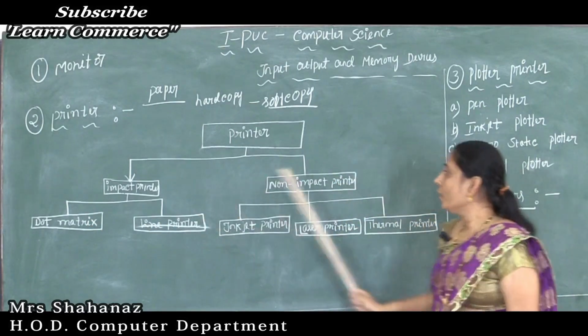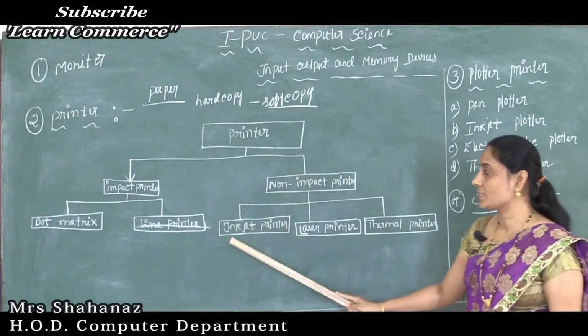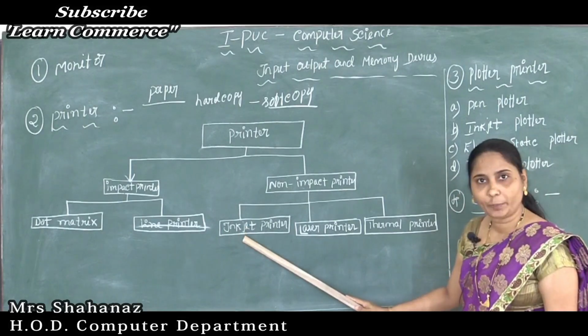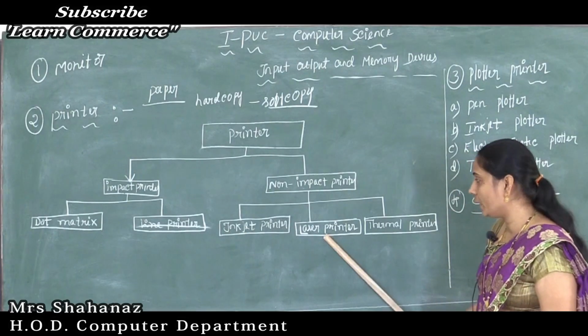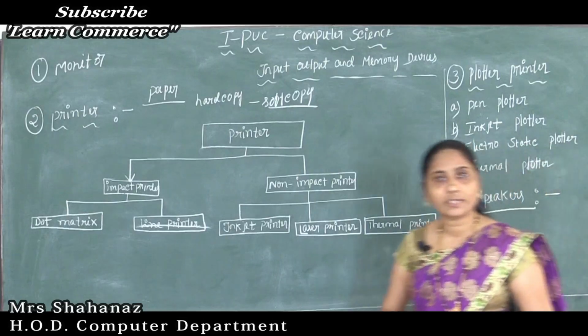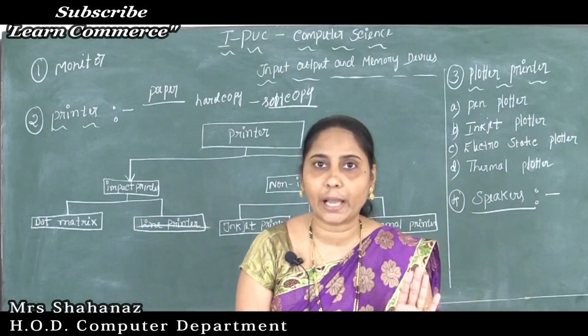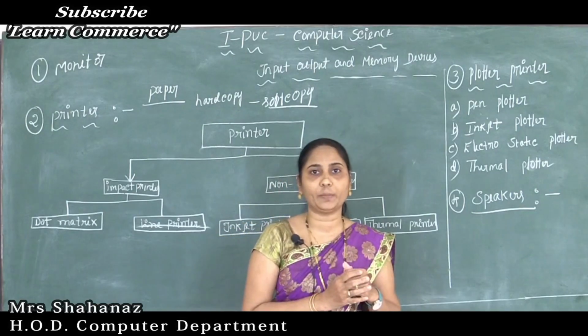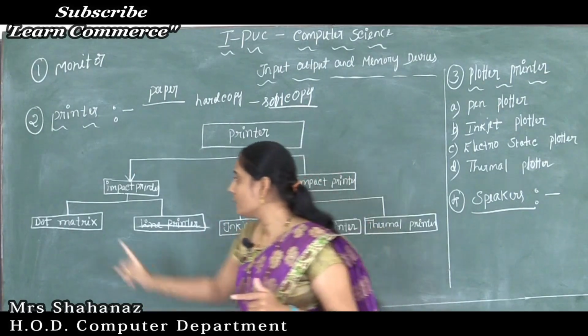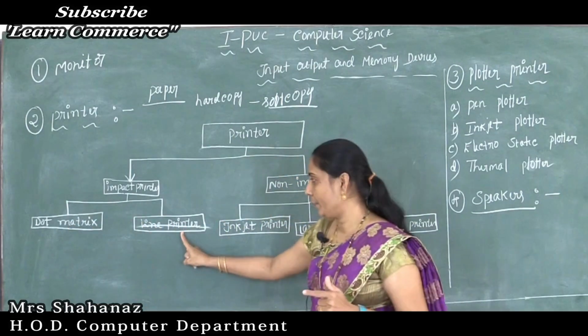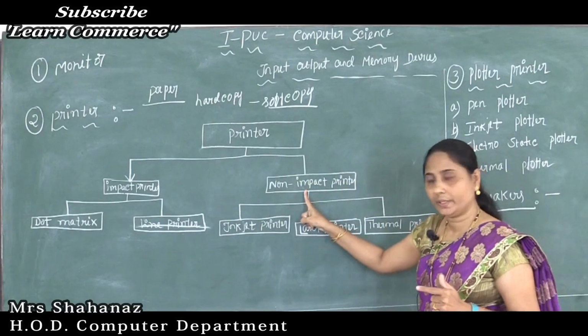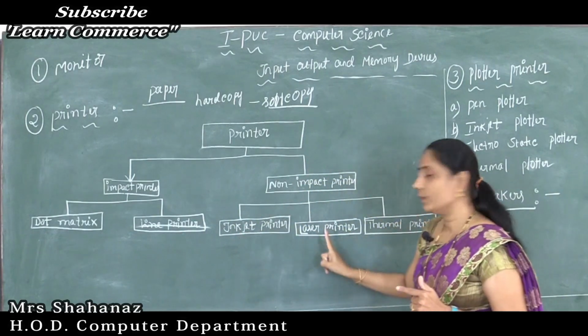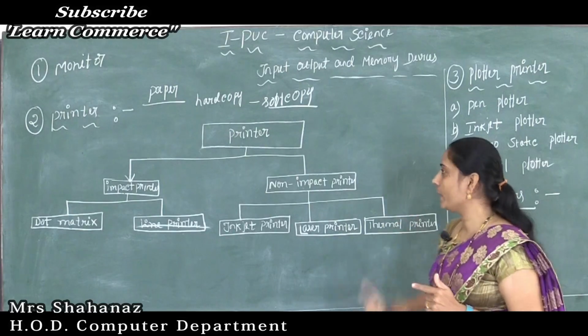And again non-impact printers are classified into inkjet printer, laser printer, thermal printer. So clear this point here? Printers are two types. One is the impact printer, second one is the non-impact printer. Again impact: dot matrix, line printer; non-impact printer: inkjet printer, laser printer, thermal printer.